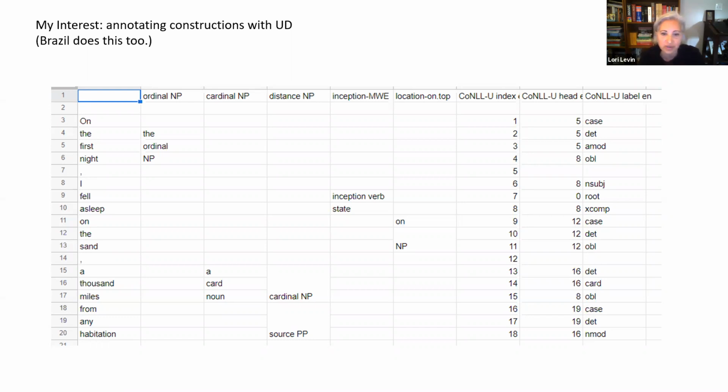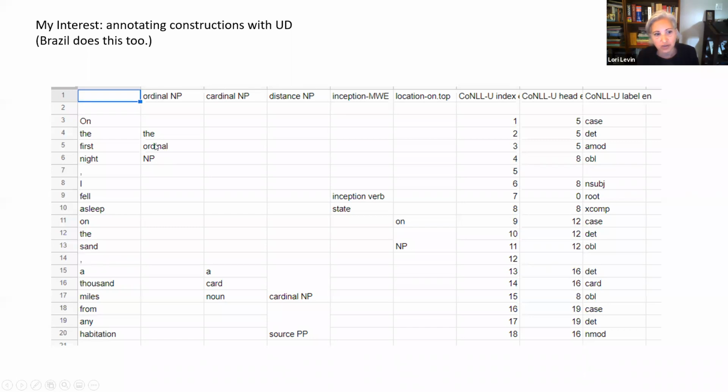And so what I did in the columns is I did a construction analysis. So I said, in English, an ordinal noun phrase has an ordinal word in it, an ordinal number, but it also starts with a determiner, usually the word "the". And then it has the ordinal, and then it has the rest of the NP.